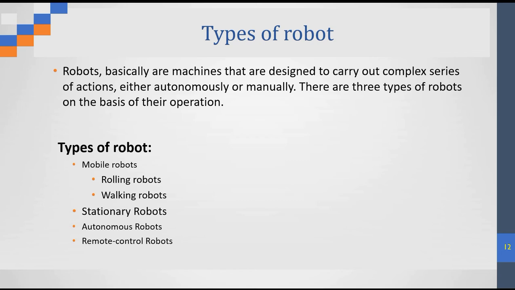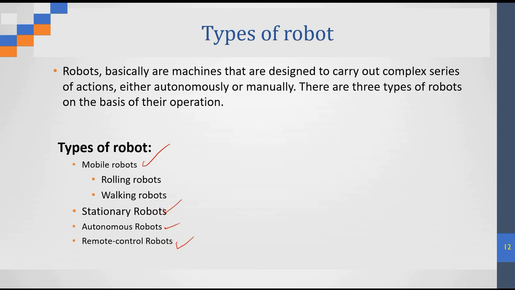So here we have different types of robots. We have mobile robots. I'll go faster because these are just examples, and later we have another example with more details. This covers what we mean by mobile robots, stationary robots, autonomous robots and remote control robots.